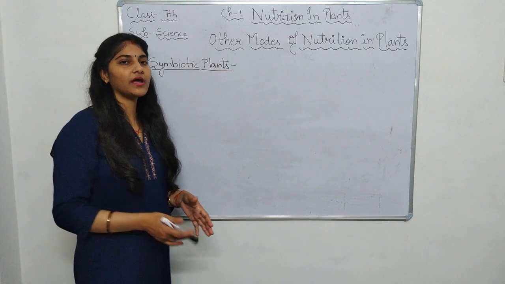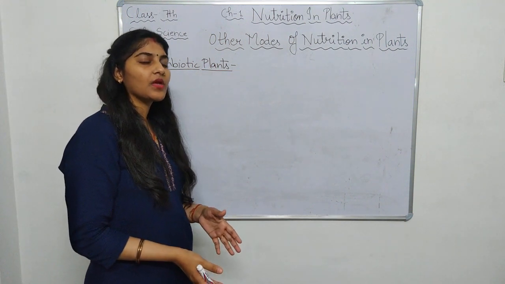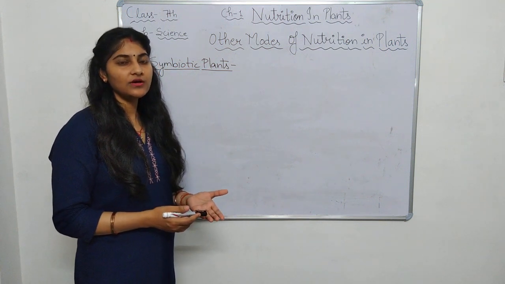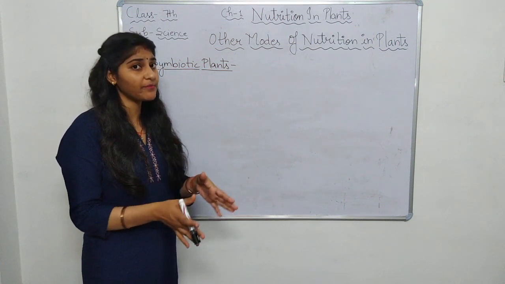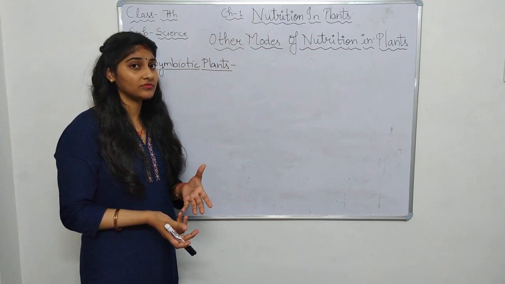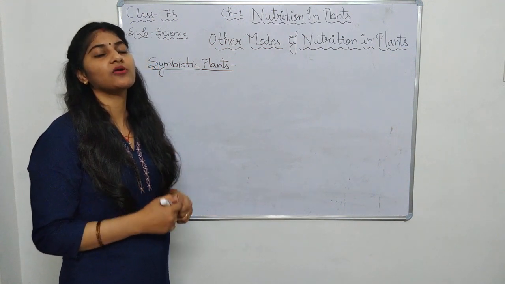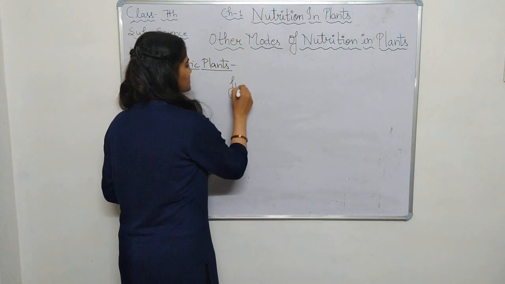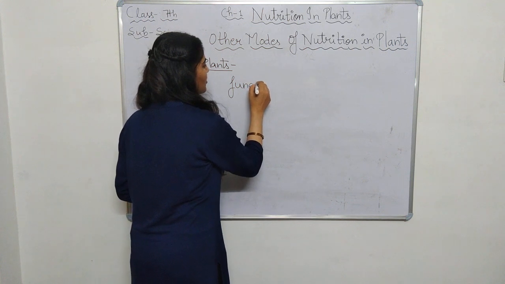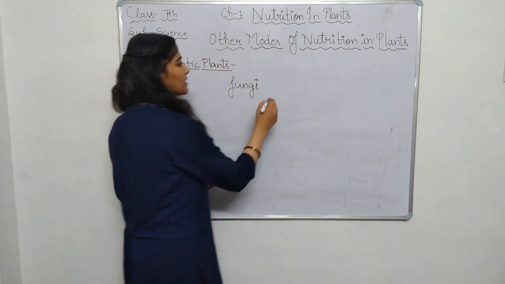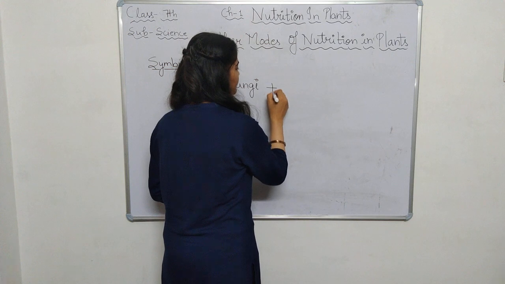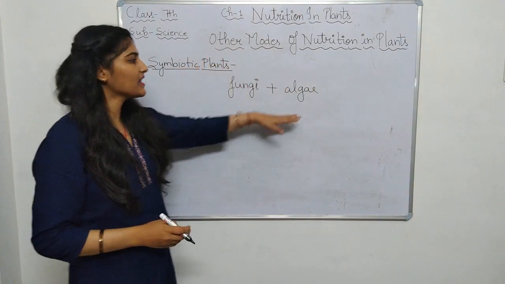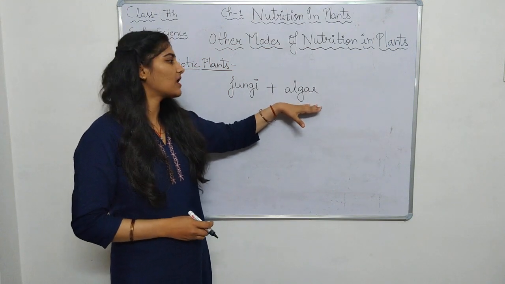Let us now understand what are symbiotic plants. When two different species of plants live together as if they are part of the same plant to get food, then these plants are known as symbiotic plants. For example, fungus, or we can say fungi, and algae. Here, algae, we all know, are green plants.